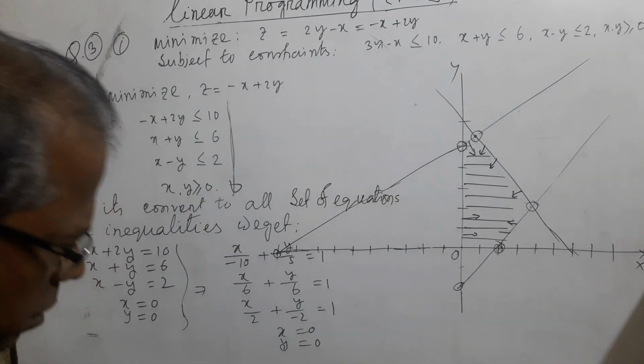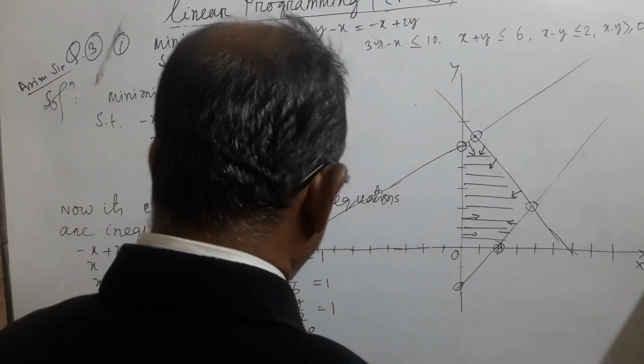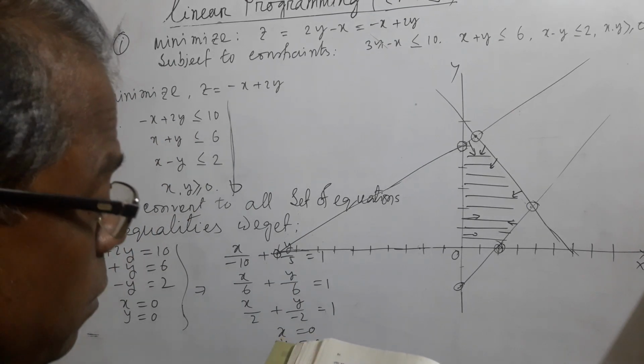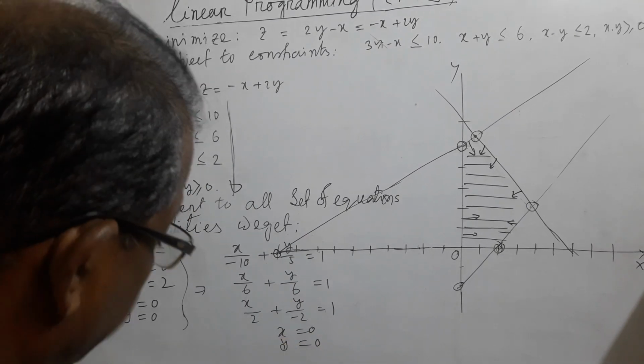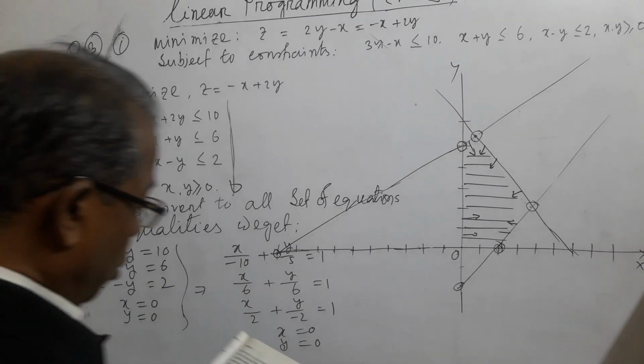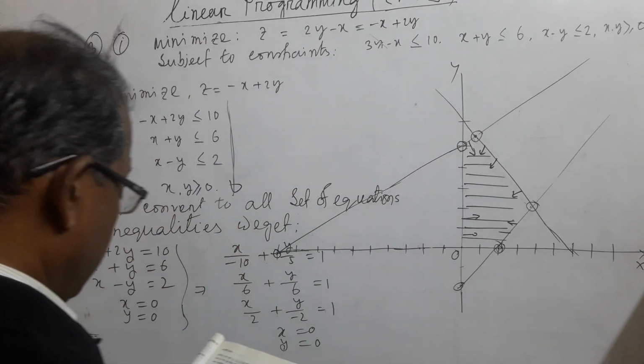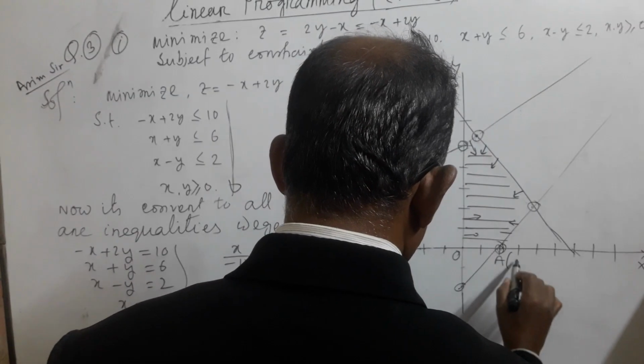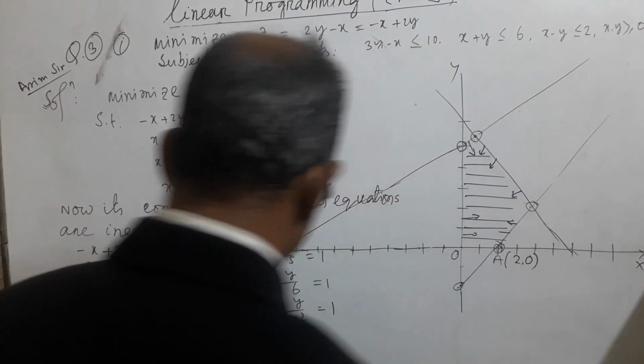This is the region of the first points O, A. A is 2, 0.